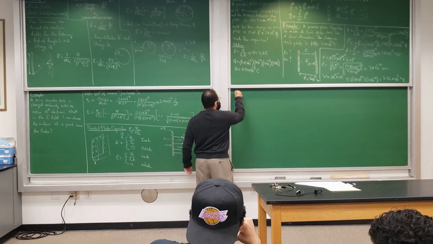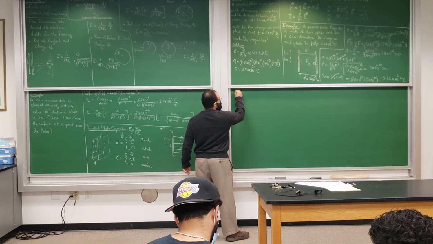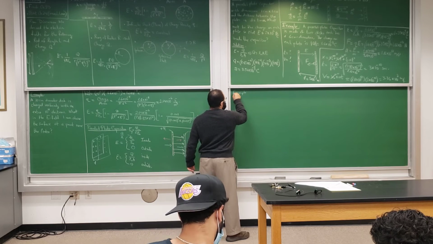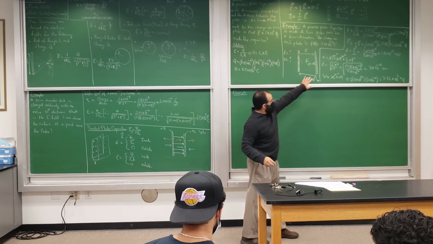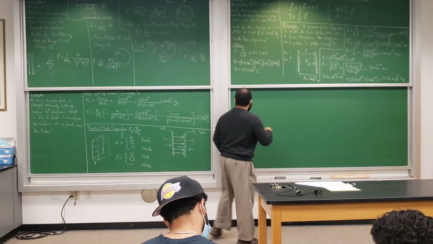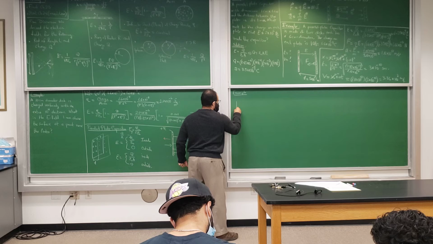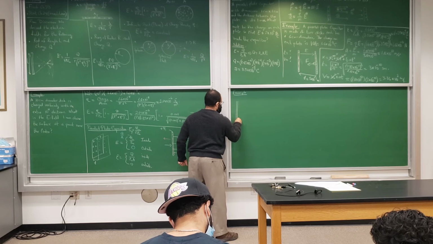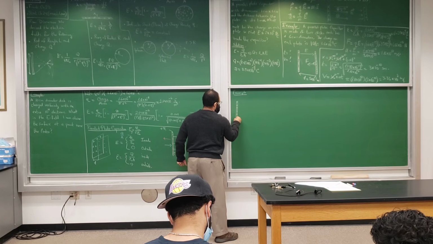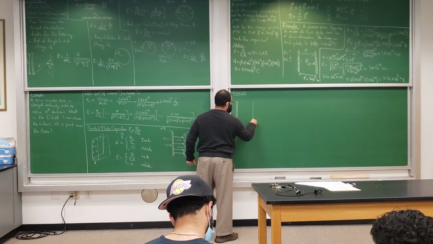So here is the next example. Suppose I'm going to use this same setup, but I'm going to put the negative plate here and the positive plate there. So I'm going to put a minus here, minus, and here's plus.